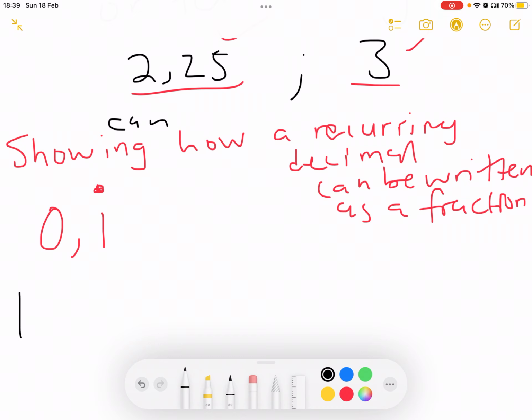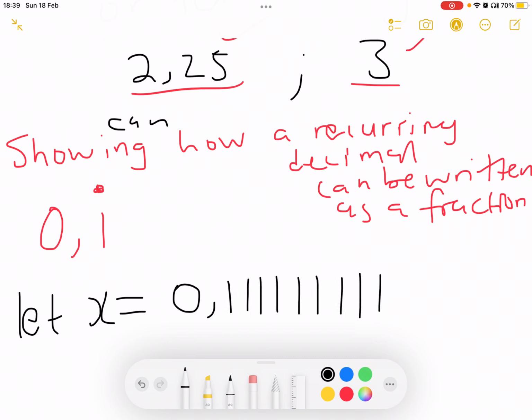We let an unknown value x, which we're trying to solve, become 0.111111 all the way up to the never ending. Why? Because that dot signifies that those 1s are repeated.